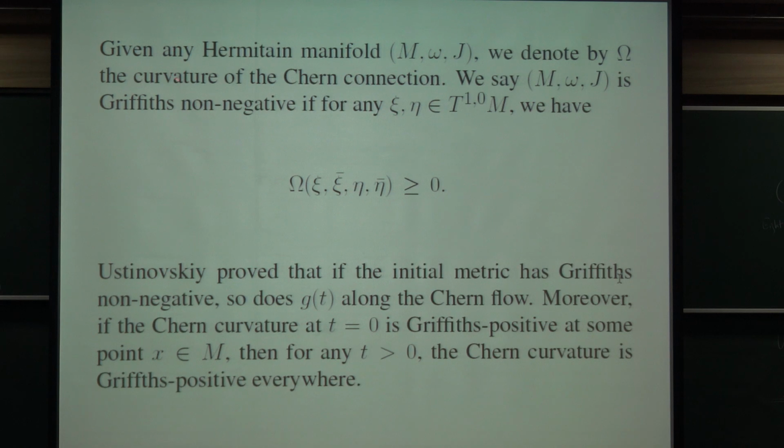First, let me tell you the terminology. Given any Hermitian manifold, we denote by Omega the curvature of the Chern connection. We say this is Griffiths non-negative if, for any xi and eta holomorphic tangent vectors, we have this positivity here. The original question I gave him was whether you can use one of these Hermitian curvature flows to prove the following conjecture.